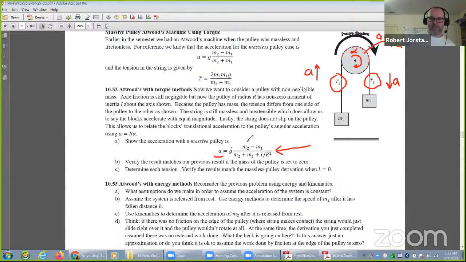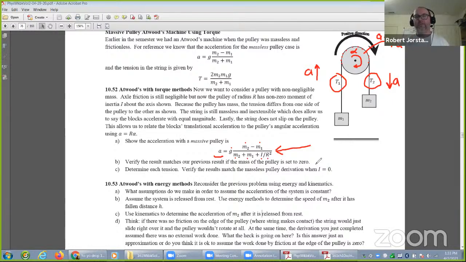Is g a constant? M2, M1. What about I and the radius? Is everything in that equation a constant? Yes. It is a constant.